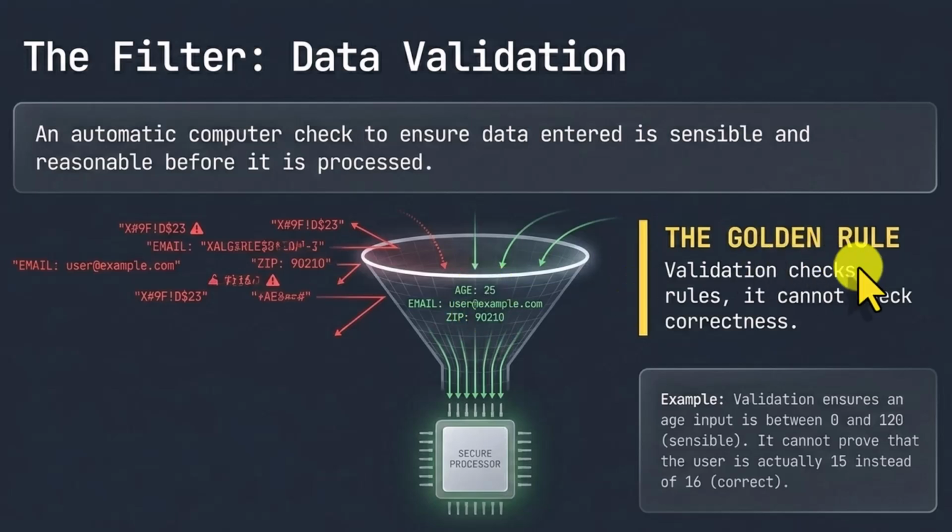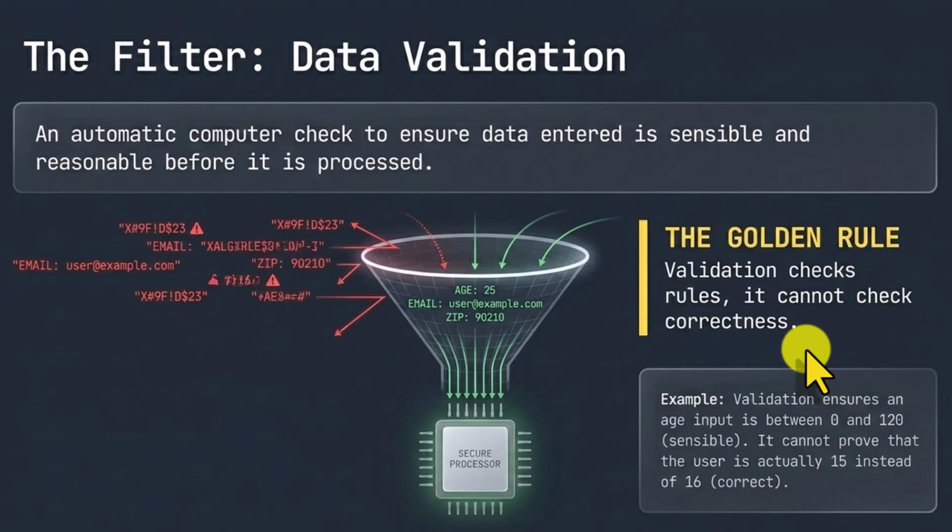There is a golden rule you have to understand about validation: validation checks rules. It cannot check correctness. For example, your rule is that age should be between 18 and 35. Your program will check whether the data is inside this range. But maybe the user's age is 25 and he has entered 23.